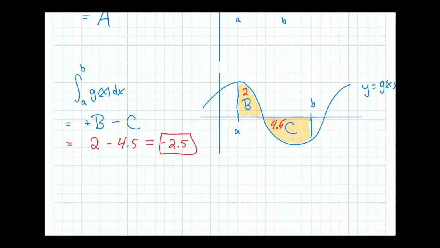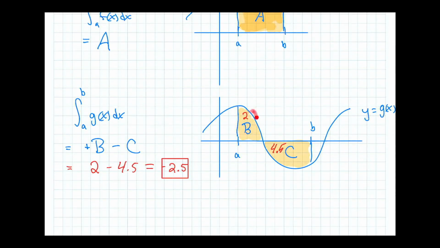That would be your answer. The reason I'm talking about this is because without doing any calculus, if you have a reason to know what these areas are, then you don't need to do anything fancy here. Just put the numbers in and you will get the answer.